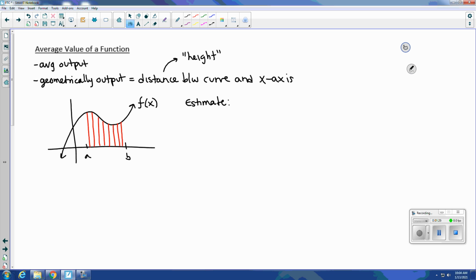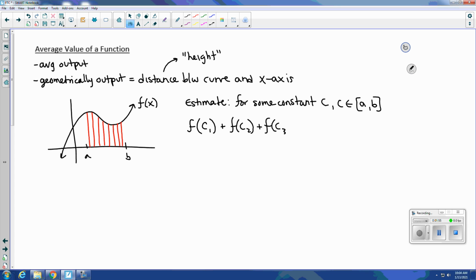what we're going to do is for some constant c, where c is on the interval from a to b. So we're just picking random points from a to b. And we're going to add up the outputs at various c values, which I'll distinguish by putting subscripts to them. And this is going to continue on to say f of c sub j.